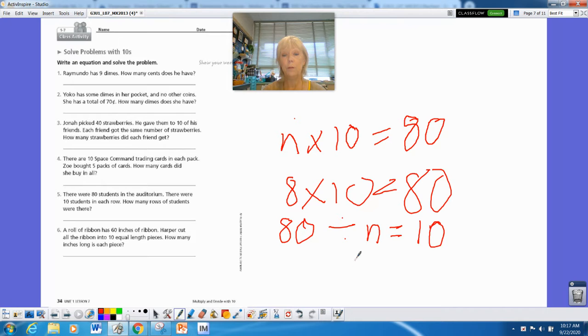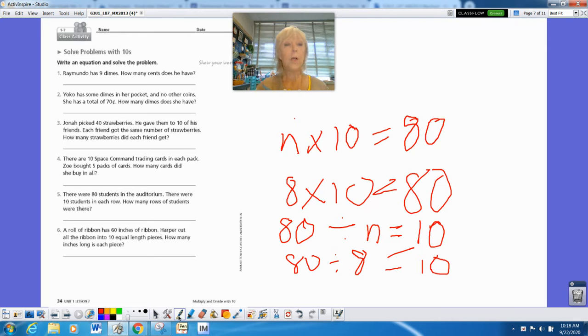So we already know that the letter N is going to be replaced with a number. And in this case, what number would we use? 80 divided by, so again, we're going to count up 10 until we get to 80. 10, 20, 30, 40, 50, 60, 70, 80. That's 8 times I did that. And there's the number 8.